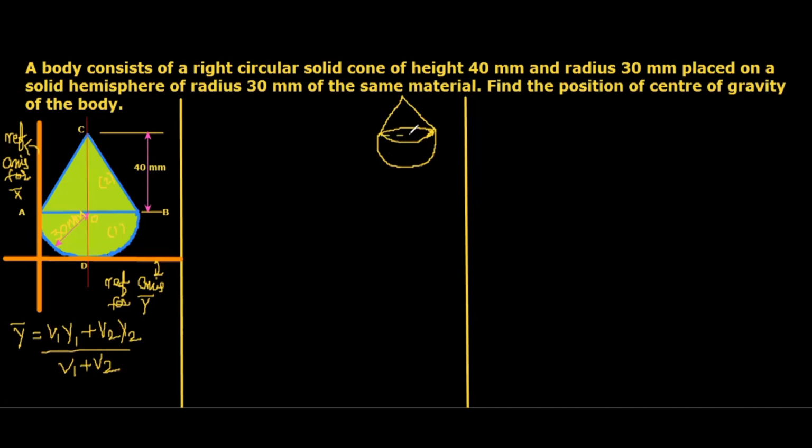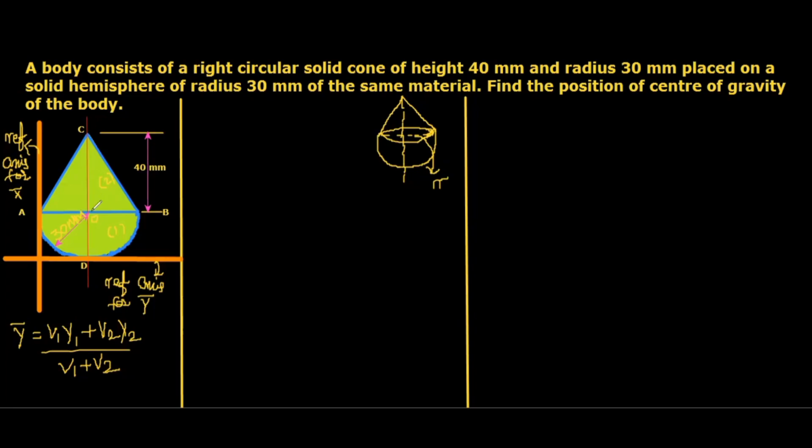And this is the common face or the joining base. And this will be the vertical axis, which we can consider passes through the center. So the radius of the hemisphere, this distance, will be the radius of the hemisphere and also the radius of the base circle of the right circular cone. This diagram is only given schematically here.